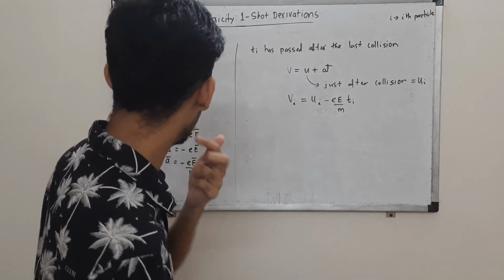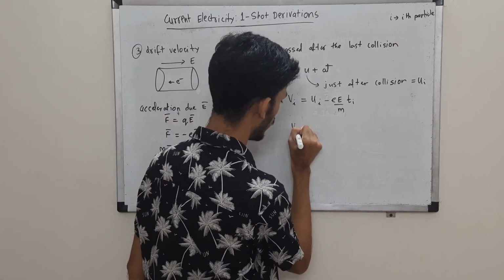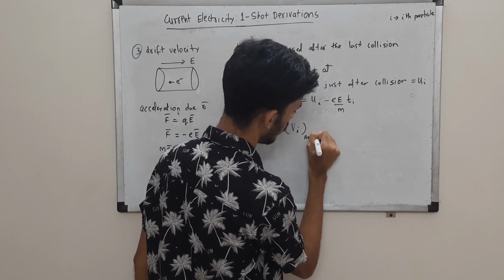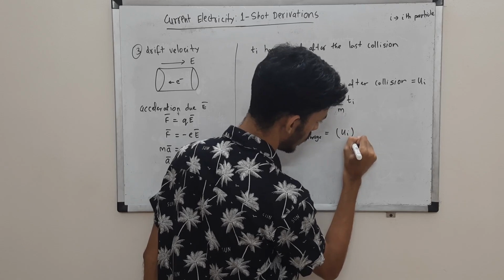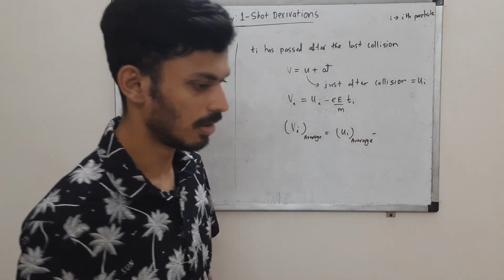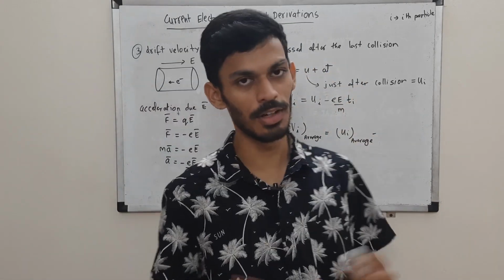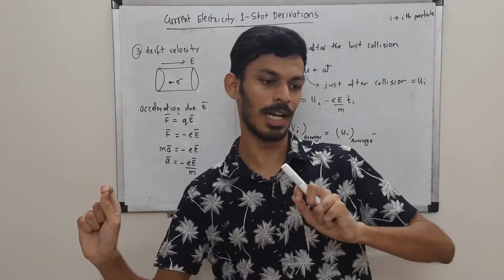If we take first of all the average of the initial velocities, the average of the ui's will actually give you 0 because it is random, right? Ui is the initial velocity just after collision. So one electron might be moving that way, one might be moving that way.